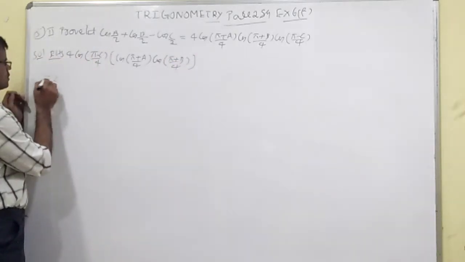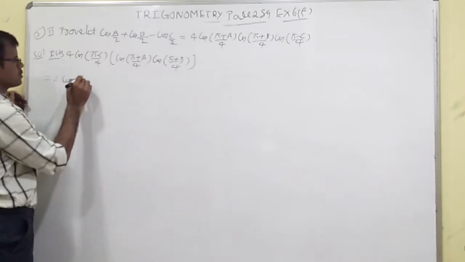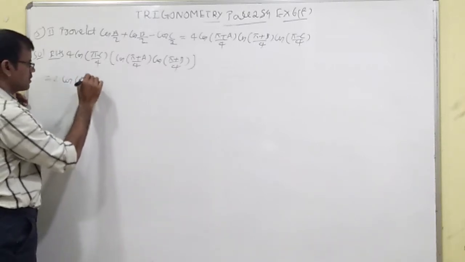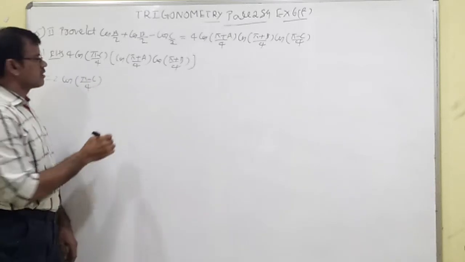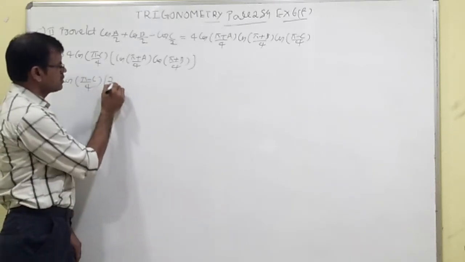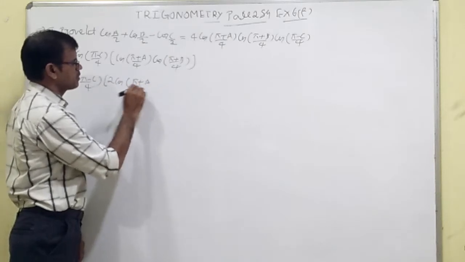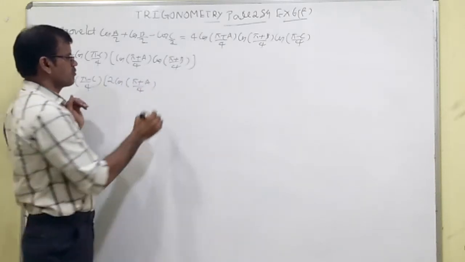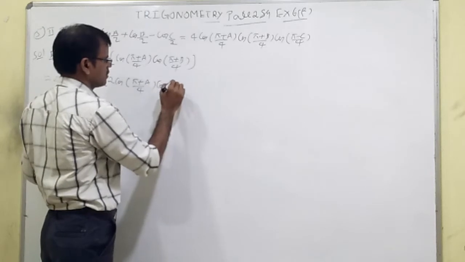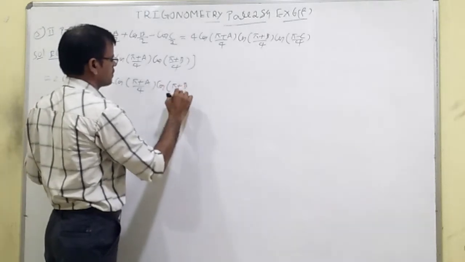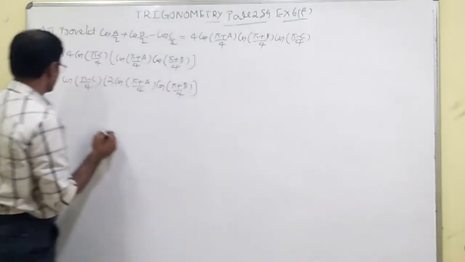That is equal to, you can understand, this is 2 cos of (pi minus c) by 4 into 2 cos of (pi plus a) by 4 into cos of (pi plus b) by 4.